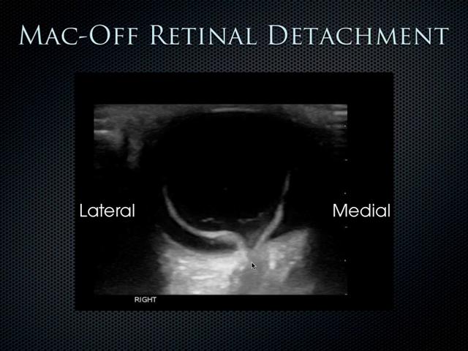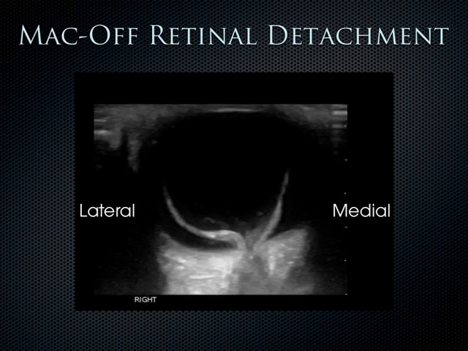So here's the optic nerve sheath coming down, and if the retina is detached off the back of the eye at the level of the macula, then they have less of a good prognosis when this gets lasered back down. The ophthalmologist comes along and uses lasers to get this retina attached back to the back of the eye. So that's a MAC-off retinal detachment, because you see it's really only tethered right at the optic nerve sheath.